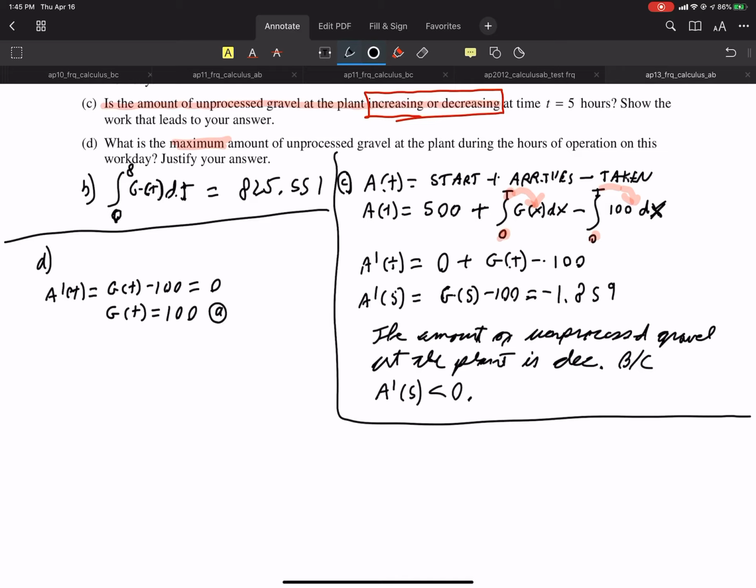I'll just pick 200 to put 100 in the middle. I graph both of those. You should see the graph of the rate in and the graph of the rate out, and they should intersect. And so you just find the intersection point.